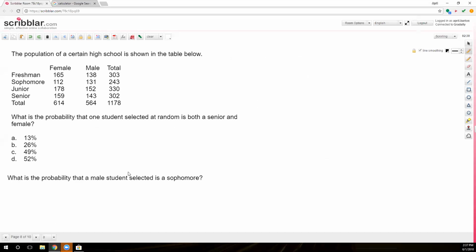So again, it's not that the concept of probability changes at all. We're always going to do want over total. But sometimes they give us a chart, and we have to interpret this chart in the correct way to find the probability. So I wanted to also do a problem like this because interpreting this chart can be kind of confusing. So the population of a certain high school is shown in the table below. So it breaks it down like freshmen.